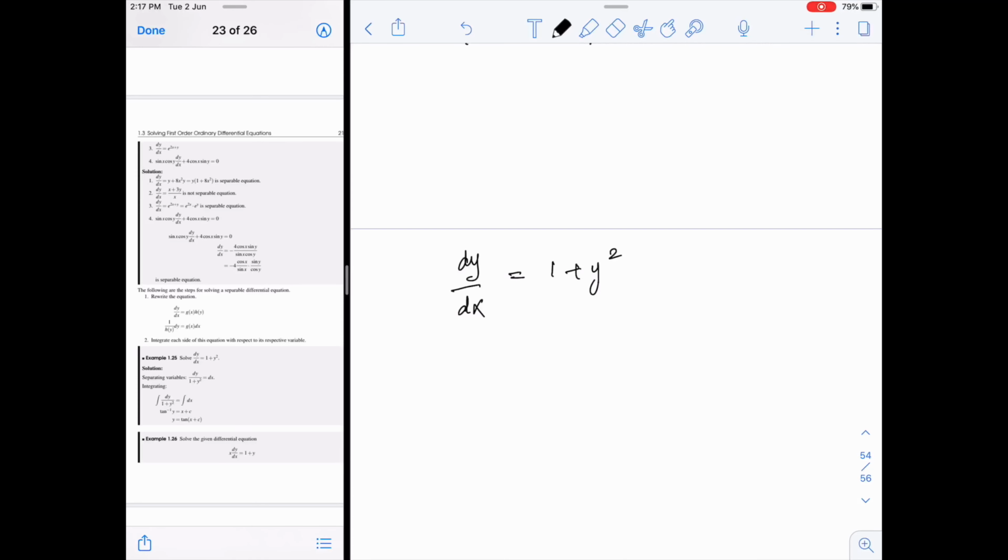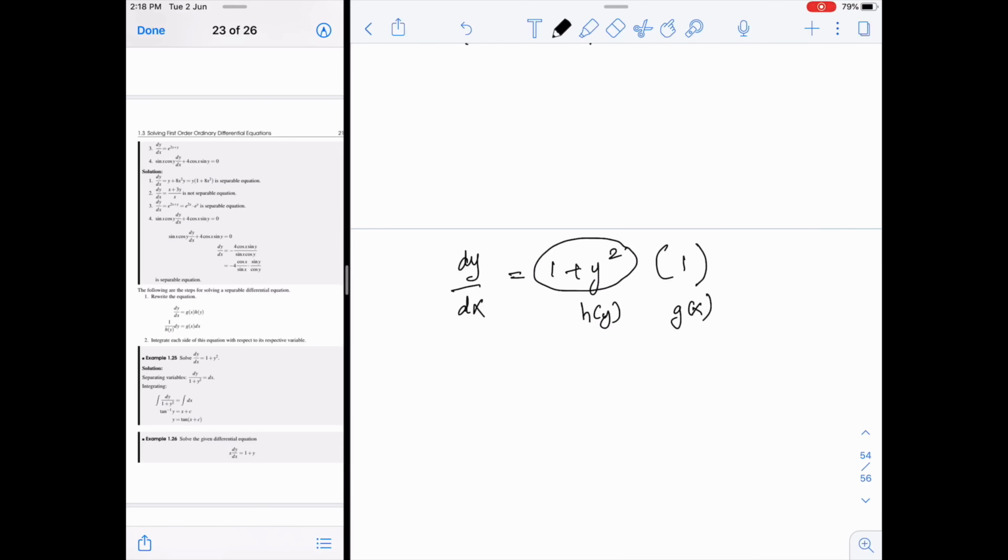Since the term already has y, we can consider it the function of y, and consider 1 as the function g(x).